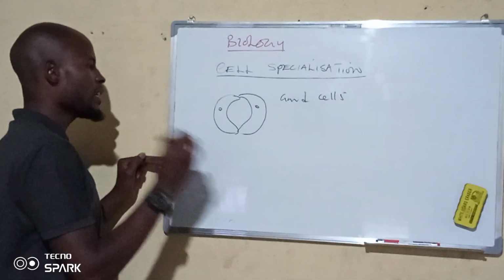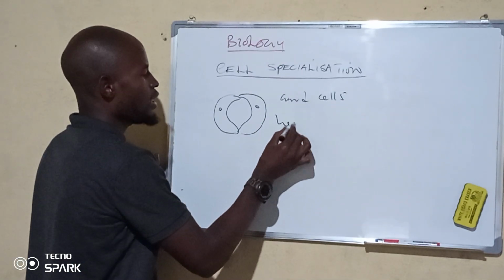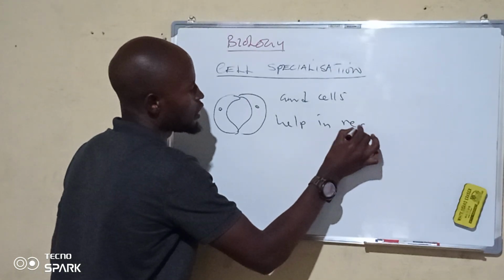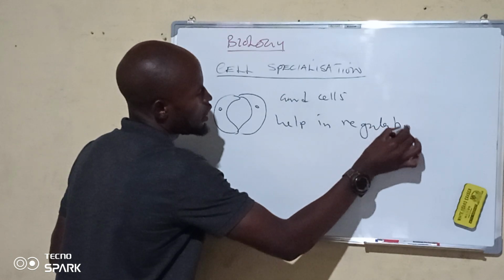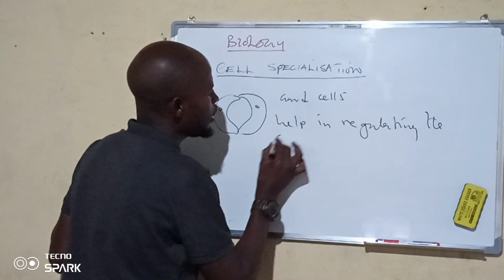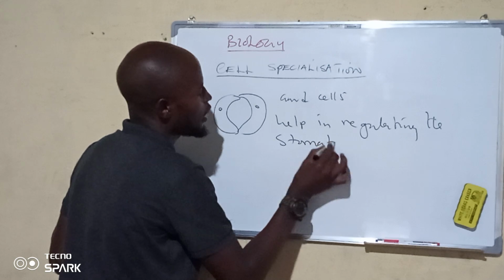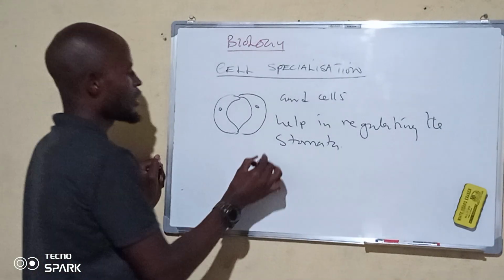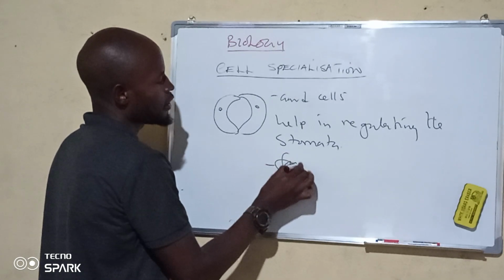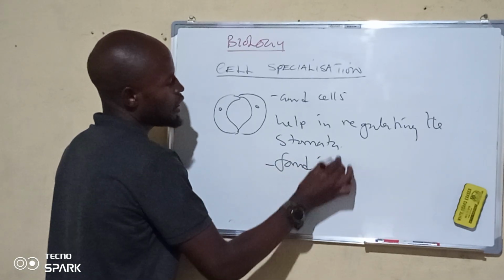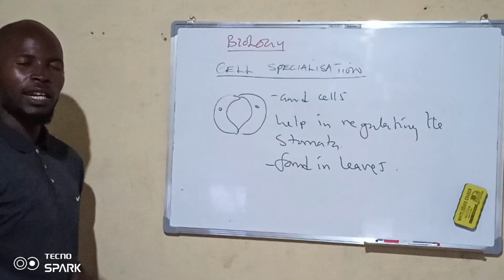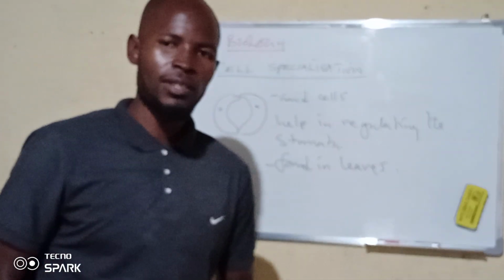These gut cells help in regulating the stomata. These things are found in leaves. So if you are asked where you can find gut cells, they are found under the leaves.